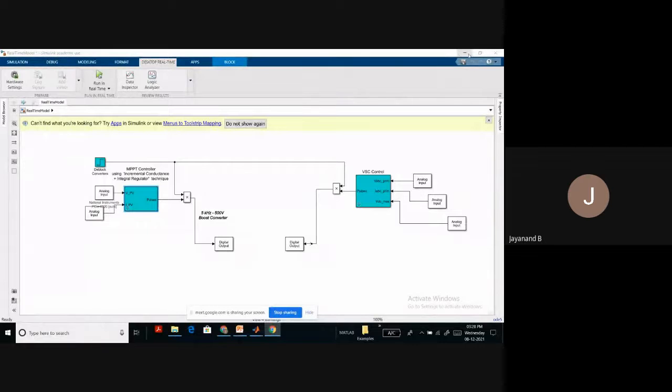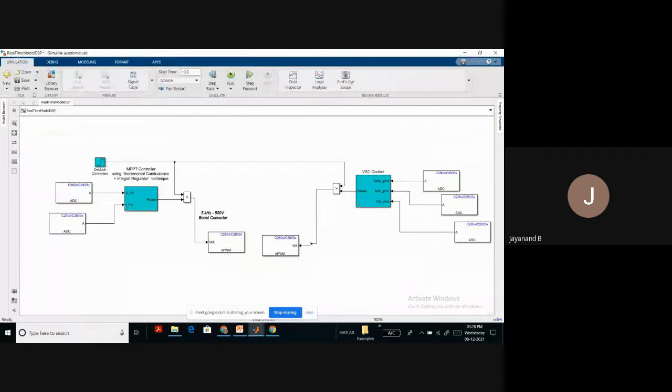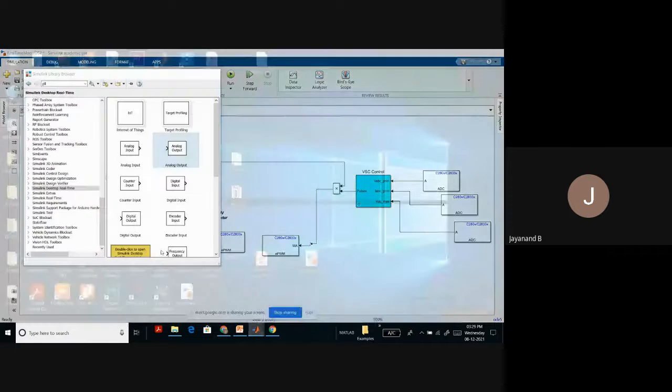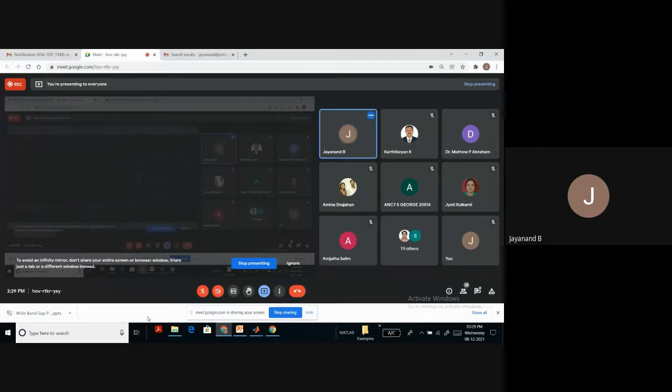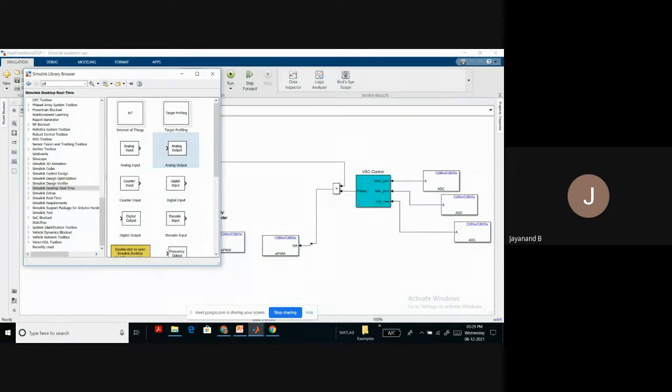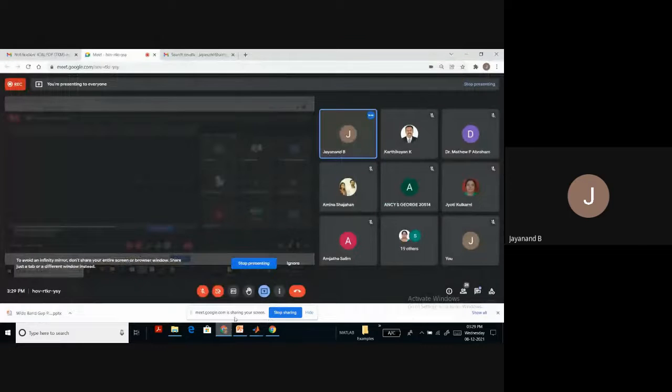We had a library there. In the library, but before that, Simulink real-time desktop is already available with MATLAB, but in the case of DSP-based implementation, we have to install that first.